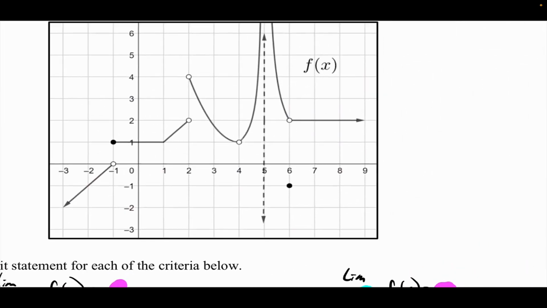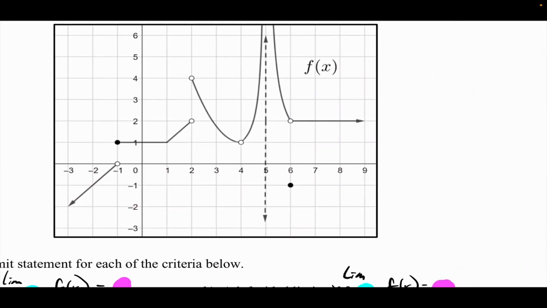So where does a limit exist? Everywhere else. Everywhere else from -3 to +9. So you literally could have put any number from -3 to +9 that isn't -1, 2, or 5. You could have put -2.